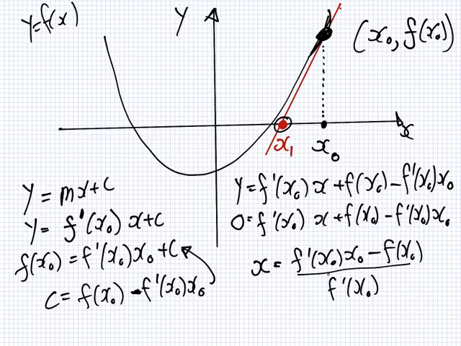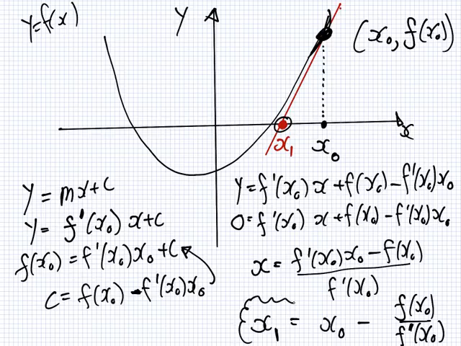So my answer, x, or I should rather call it x1, is equal to x0 minus f(x0) over f'(x0). So what we've just done is we've found a way to improve our guess, a better answer than our previous answer.